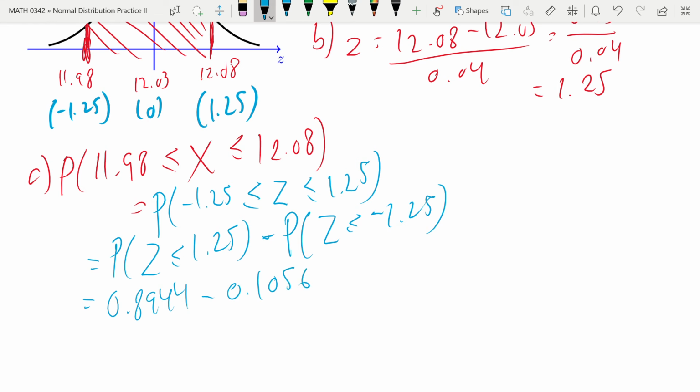And now we go ahead and do our computation. We do the subtraction, and that corresponds to a probability of 0.7888. In other words, there is about a 78% chance that a mass is in this range.